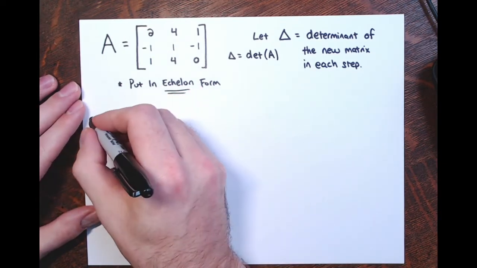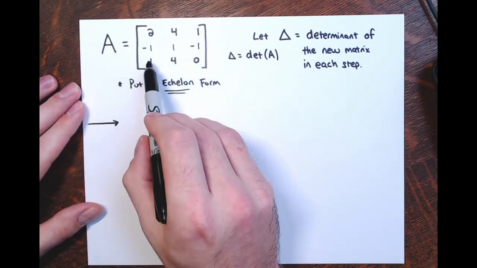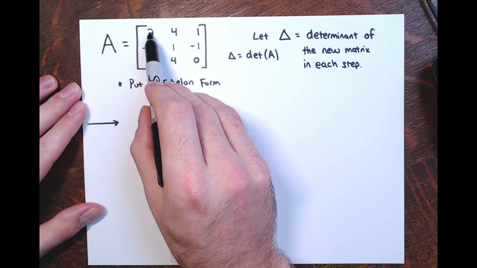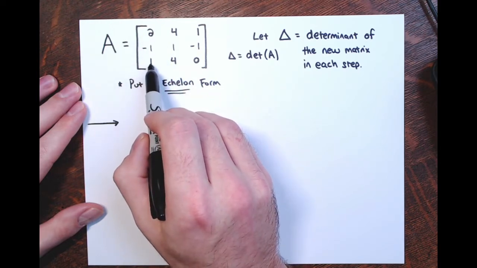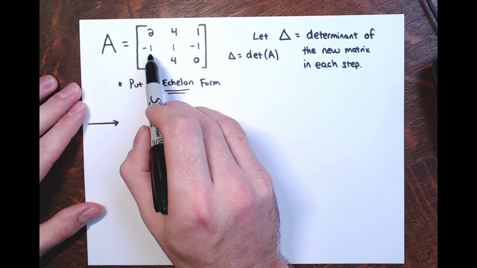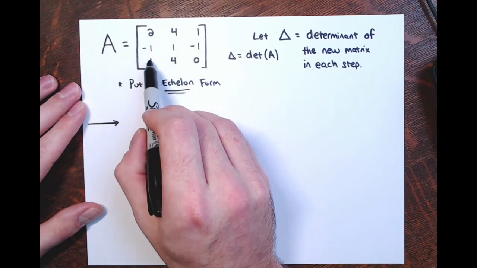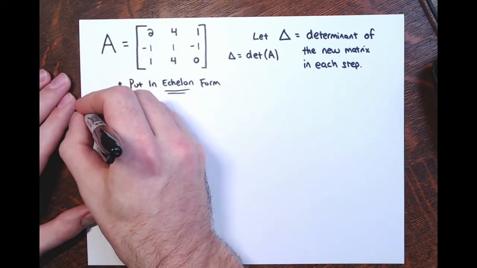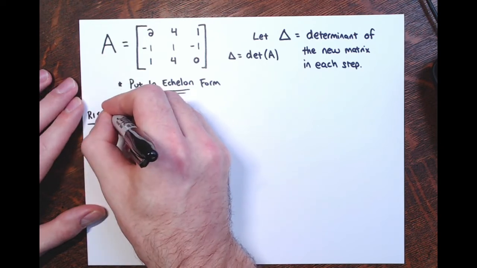Now the first operation I'll perform is, remember, I like having a pivot. My first pivot up here, the new pivot, I like it being a 1. So I'm seeing this 1 down here in the third row. So I'm going to switch the first row and the third row. I'm going to switch row 1 with row 3.